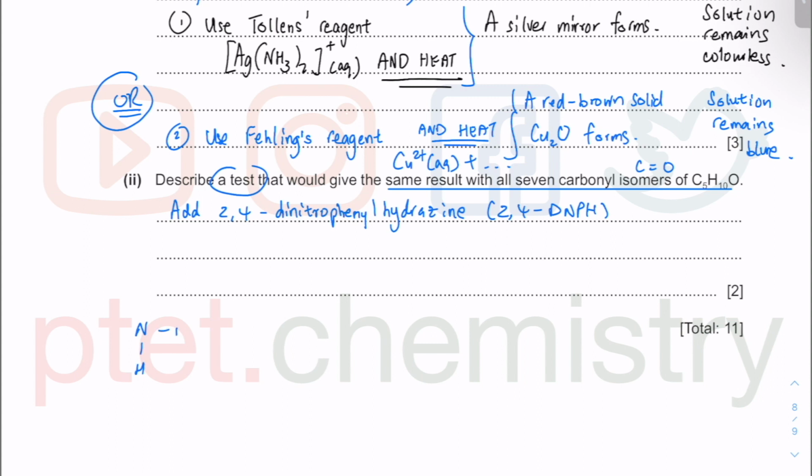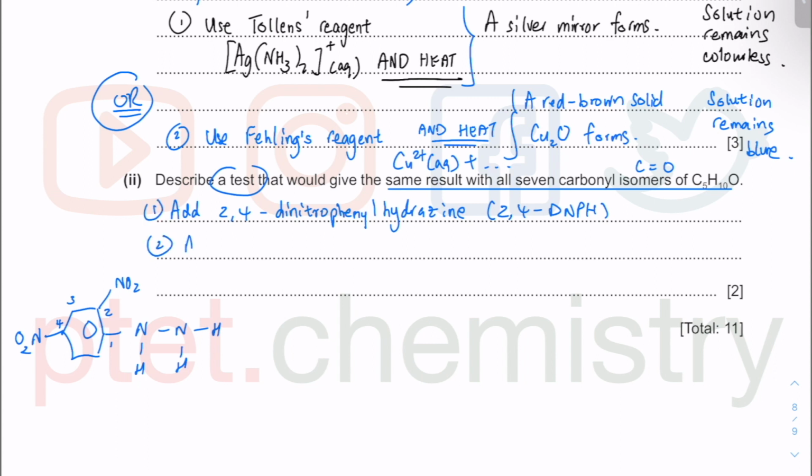Well, hydrazine is NH2NH2. They use it as a rocket fuel. I'm going to remove one of the hydrogens and then change it with a benzene ring. And then I have a NO2 at position 2 and also at position 4. So that is 2,4-dinitrophenylhydrazine. That is the test.